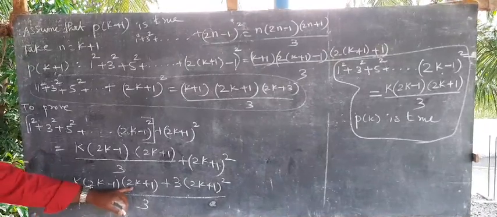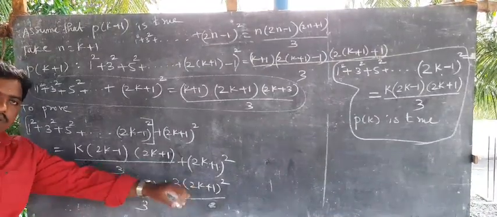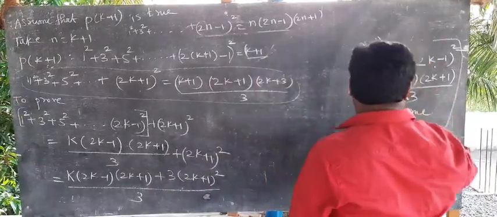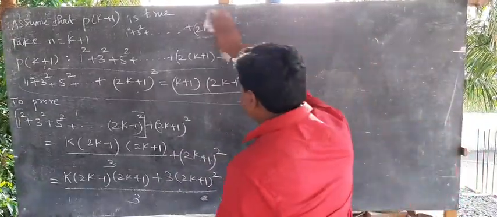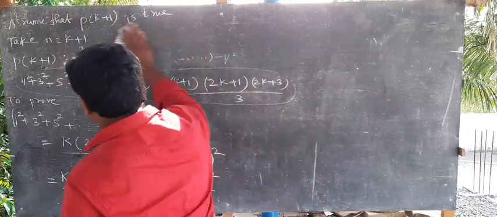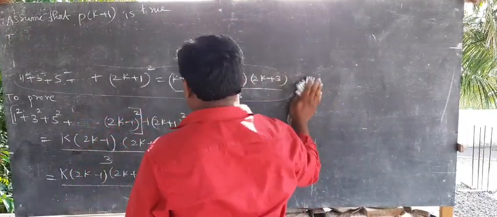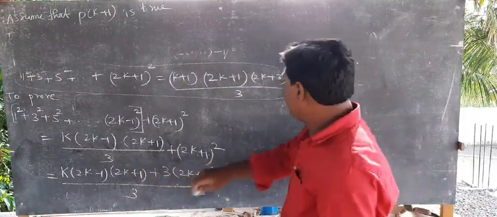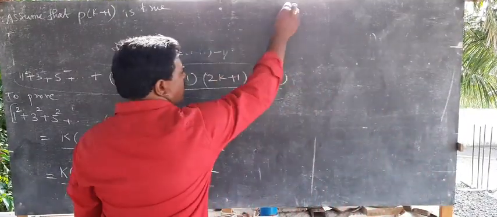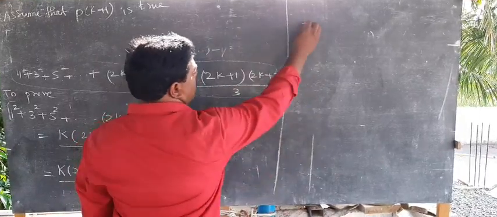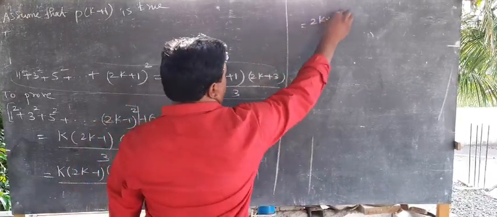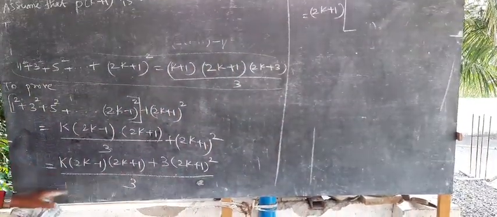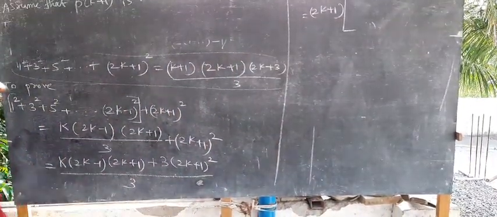From these terms, 2k plus 1 here, (2k plus 1) whole square. So from this I take 2k plus 1 as common. Here I take 2k plus 1 as common, meaning the remaining is k into (2k minus 1).